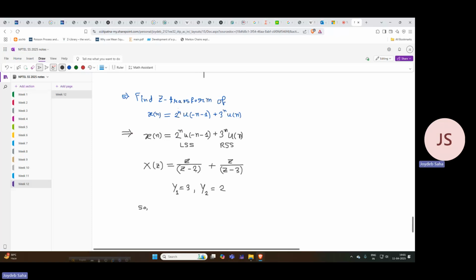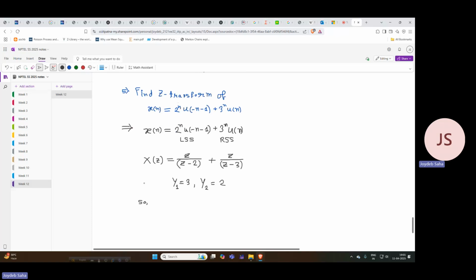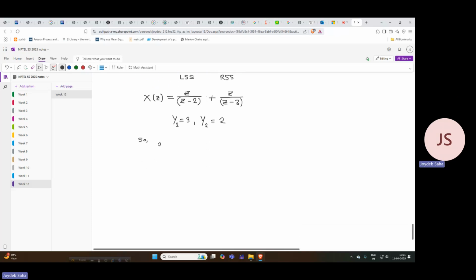Okay. So 3 less than mod z less than 2, which does not exist, right?